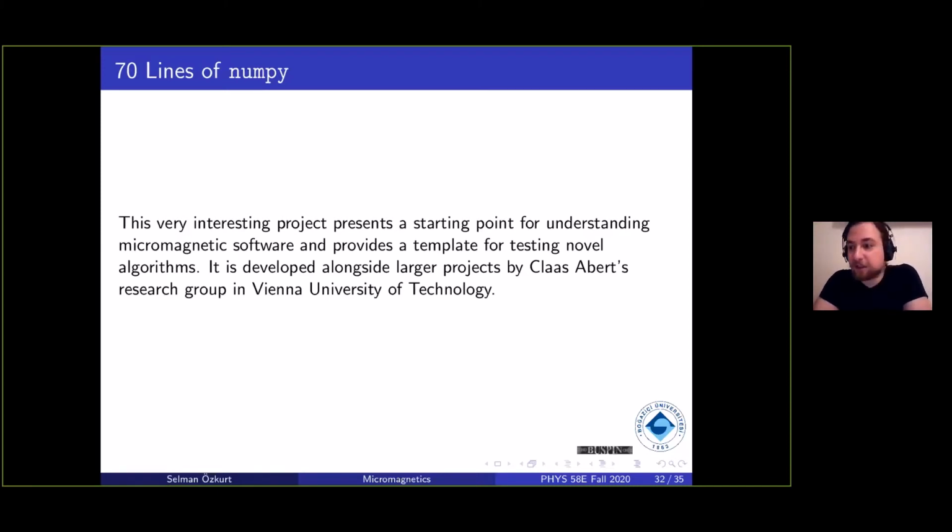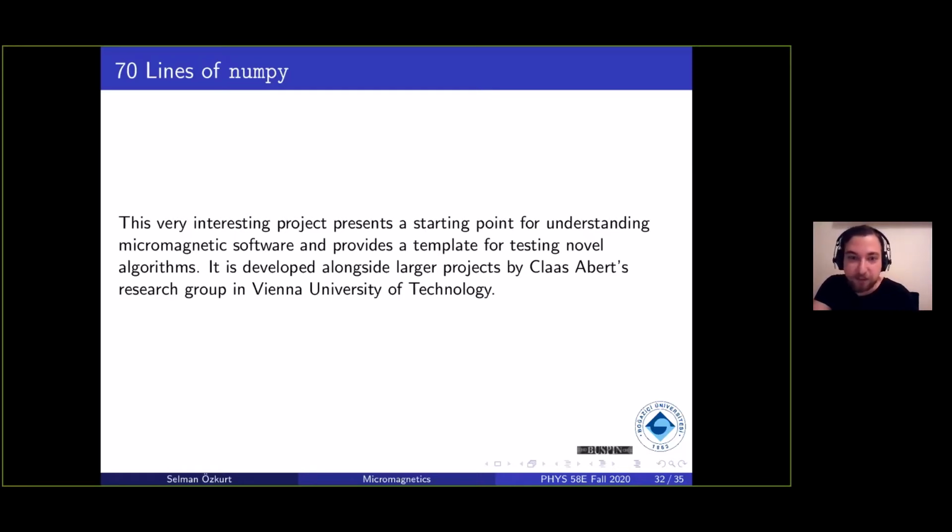And this project exploits the ability of NumPy and the possible simplicity in micromagnetic applications by trying to write the whole simulation in just 70 useful lines. And I actually ran this code today. It took some 10 to 15 minutes to calculate the standard problem number 4, the famous benchmark problem for micromagnetic simulations.